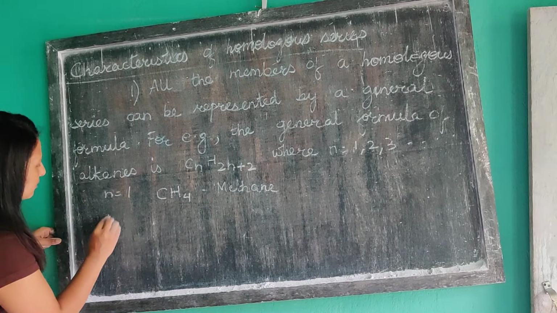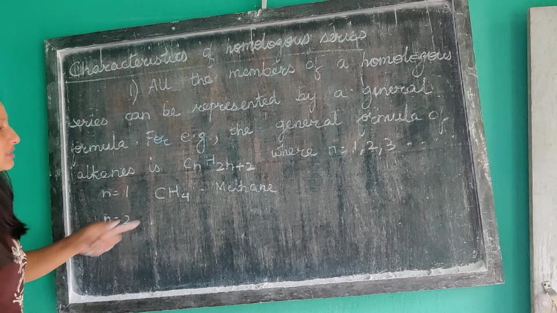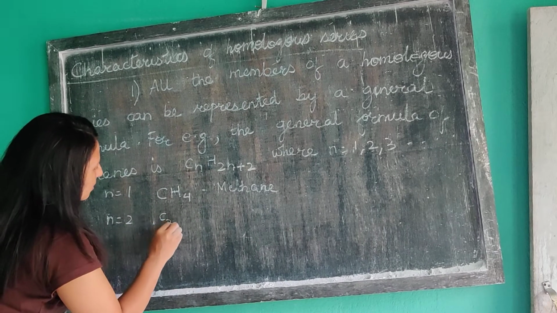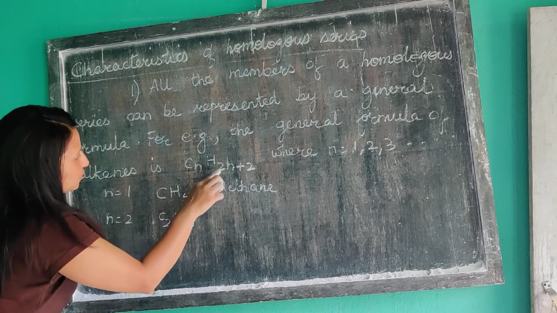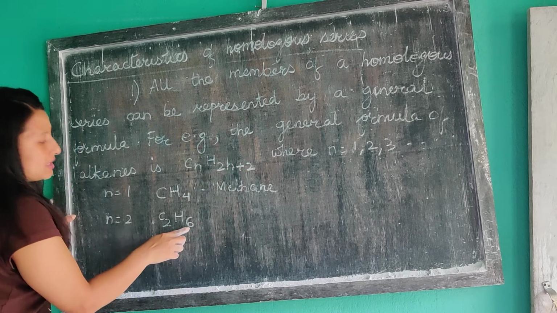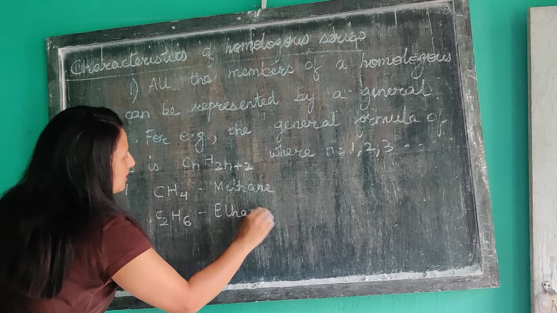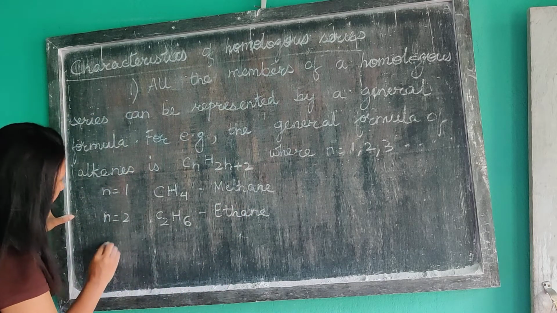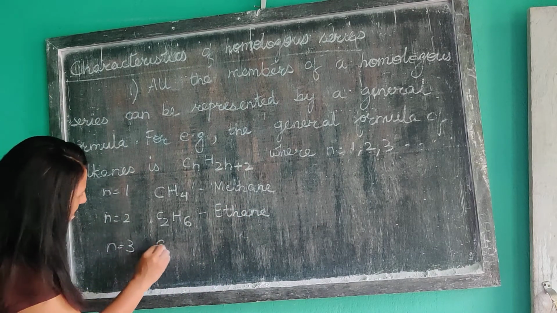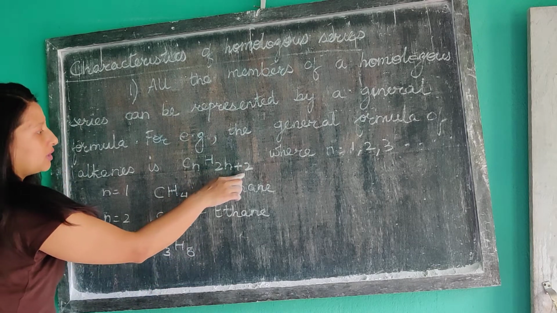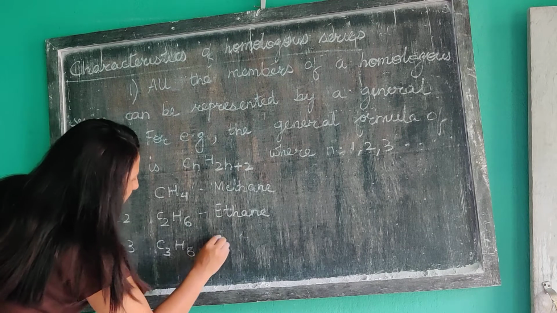Similarly, when we put the value of n as 2, we get the second member of the series, C2H6, since 2 into 2 is 4 plus 2 is 6. So this is ethane. Similarly, if n is equal to 3, C3H8, 2 times 3 is 6 plus 2 is 8. That is propane.